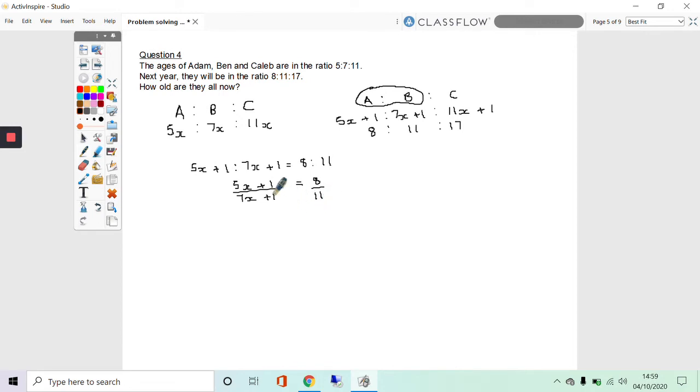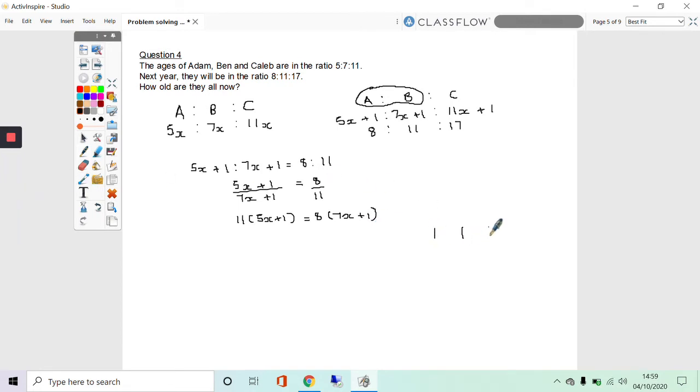So I'm going to take the 11 over here. So I'm going to move the 11 across to the left and multiply. And then I'm going to take the 7x plus 1 over to the right and multiply. Then I'm going to expand the brackets.